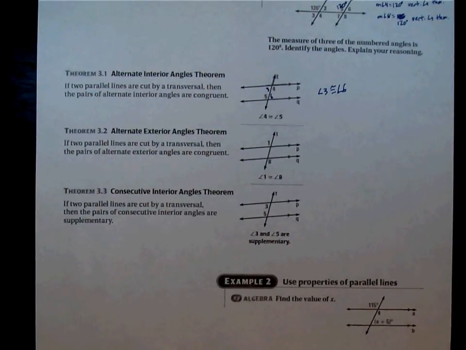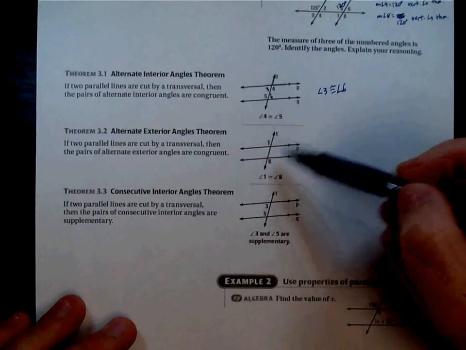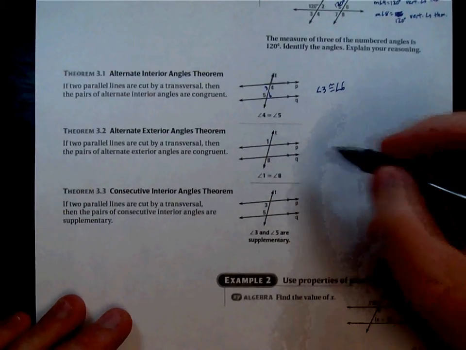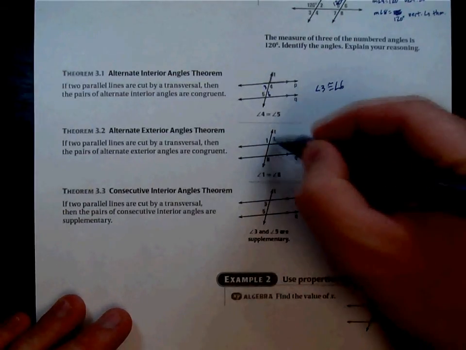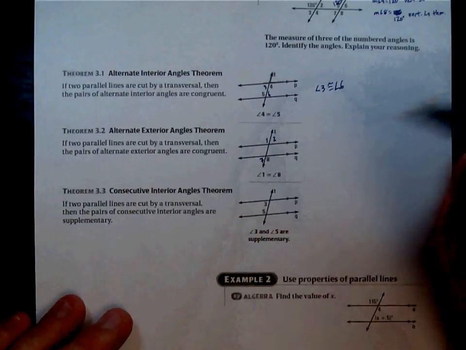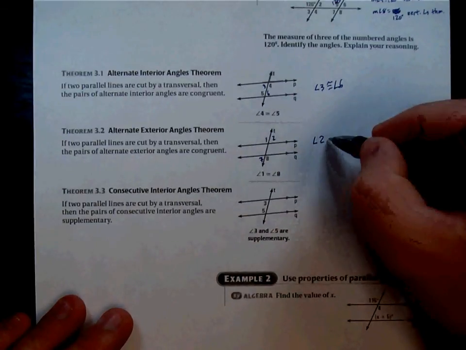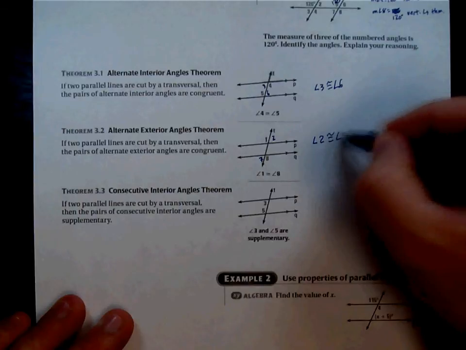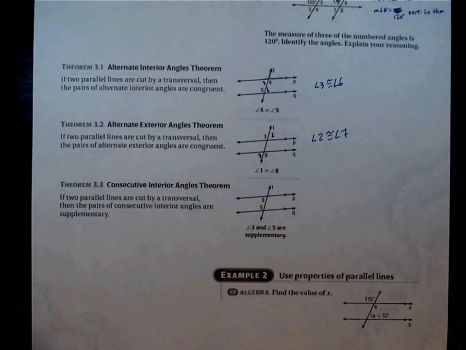We've got 1 and 8 as an example. They have to be congruent as well. The other pair that's not listed would be 2 and 7. So angle 2 and angle 7 would have to be congruent as well because they're a pair of alternate exterior angles.